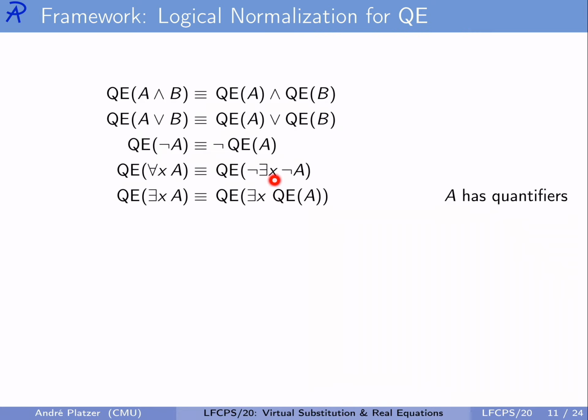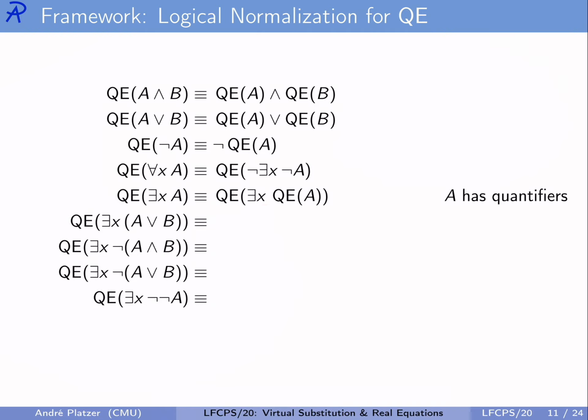If we know how we handle quantifier elimination for existentials, we also understand how we handle quantifier elimination for universal quantifiers. Now, of course, that means we should be doing something clever about the quantifier elimination of existential quantifiers. Now, well, I can still do one thing that's not quite so clever. If A has any more quantifiers, we can first apply quantifier elimination to the inner thing, and when we're done with that, apply quantifier elimination to the result of that.